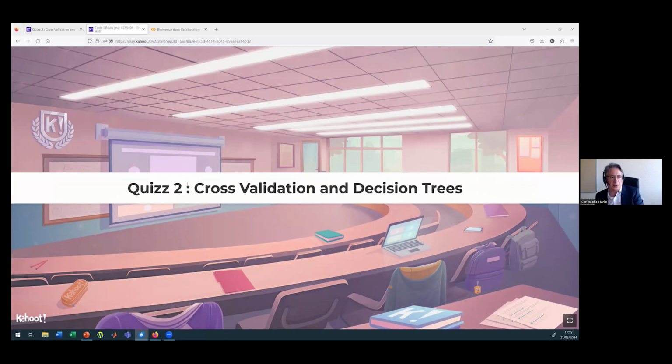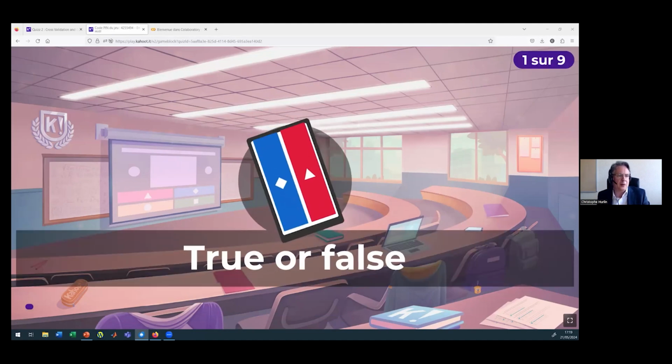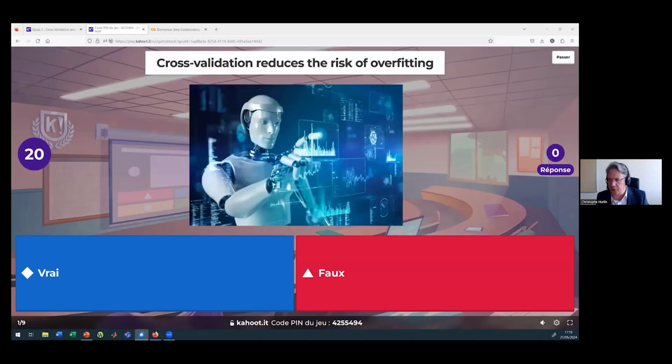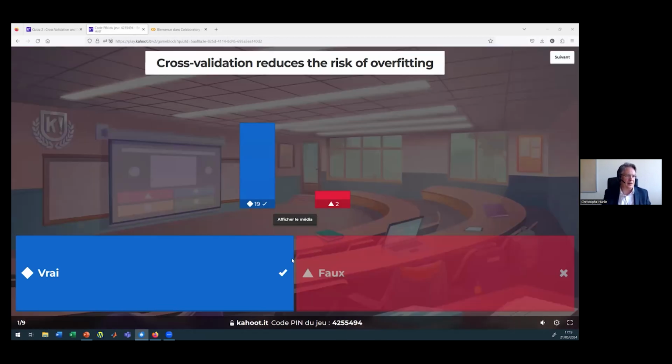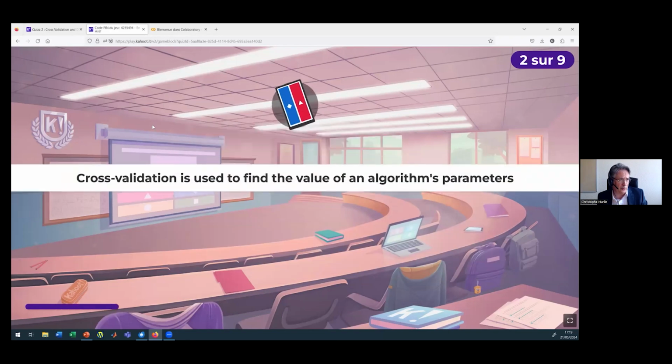So cross-validation and decision trees. True or false, cross-validation reduces the risk of overfitting. Yes, this is true. The goal of the cross-validation is to fix the hyperparameters, such as to reduce the risk of overfitting. True or false?